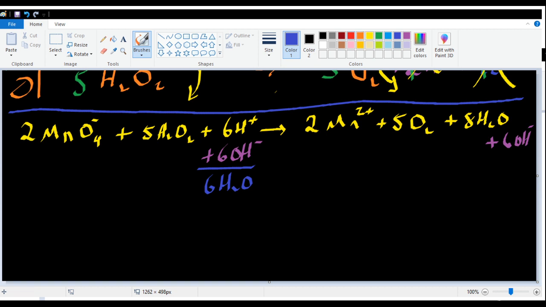Which means we once again cancel out. Okay. We have 6 water on the left, we have 8 water on the right. So they're going to cancel, leaving us with just 2 water on the right. So once again, we write it out for a little bit of clarity.